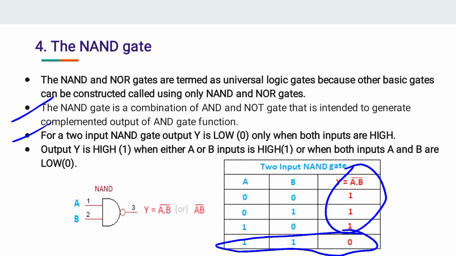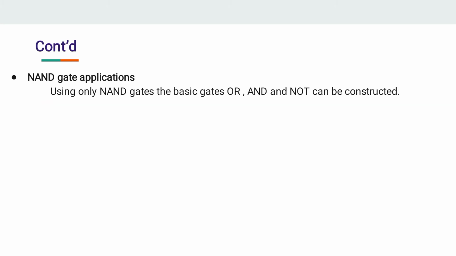So this is the condition for the NAND gate. This is the logic symbol and this is the expression for the NAND gate. So next, the application of the NAND gate. Here we are going to use the NAND gate to generate the OR and NOT gates, nothing but the construction of basic gates.